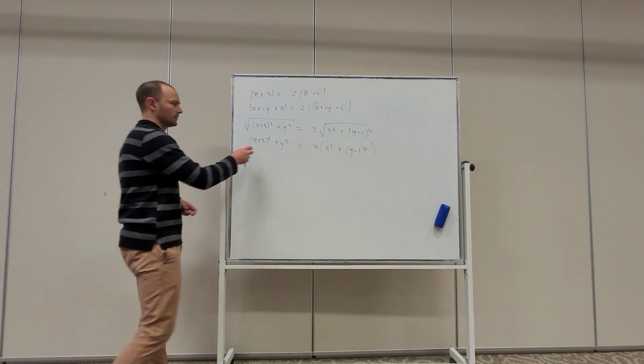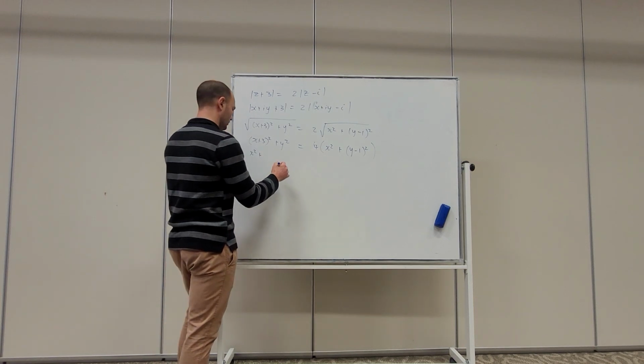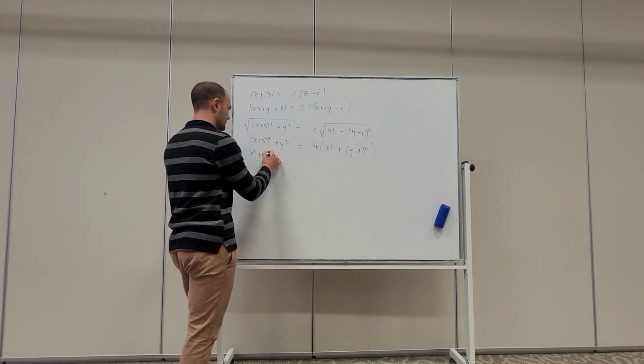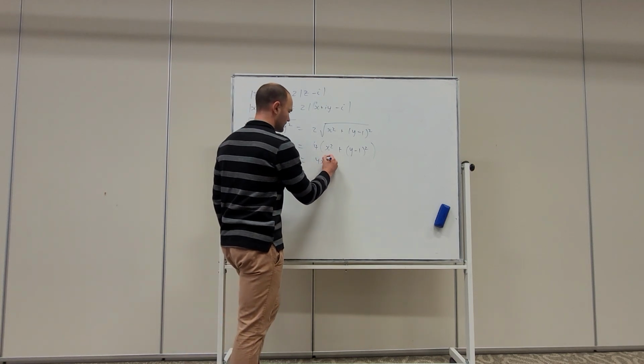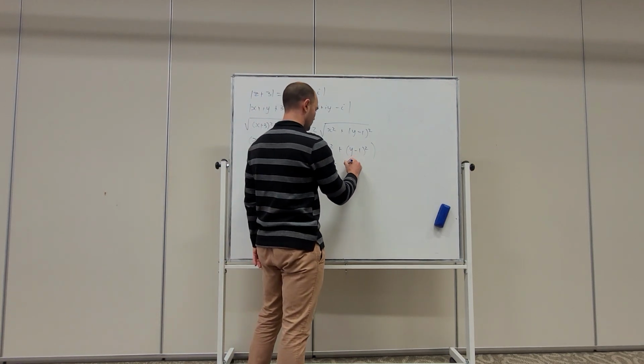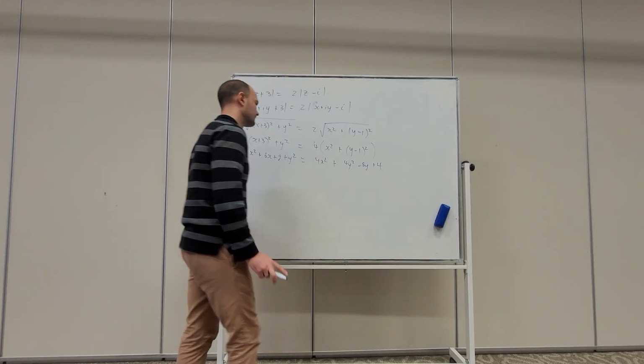So we're going to just need to completely expand everything so we can collect all the terms together. So we have x squared plus 6x plus 9 plus y squared, 4x squared plus, and that's 4y squared plus 4.